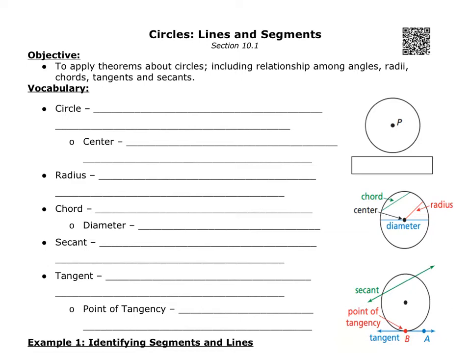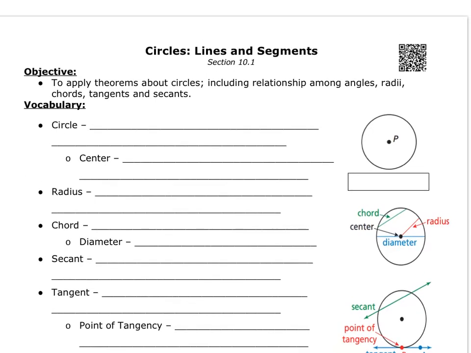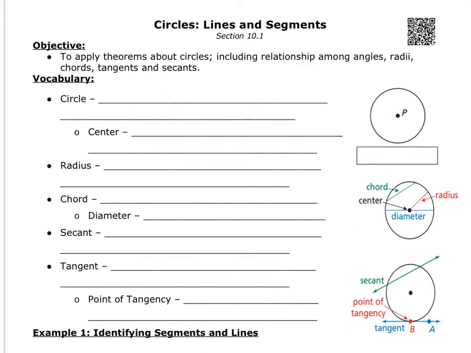A circle is an object whose boundaries go around a center. Well, what is the distance around the circle called?